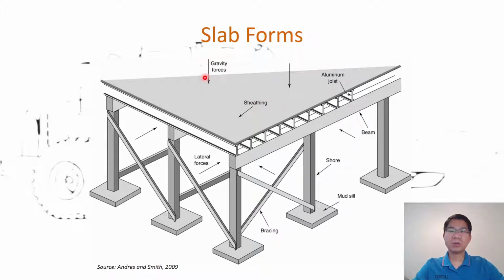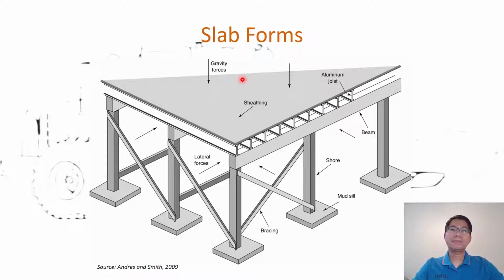The vertical design load is going down vertically, as you can see there. Including the concrete we are going to place, the load of the formwork itself is the dead load. The live load is the workers working on it, and the motorized equipment on it as well.